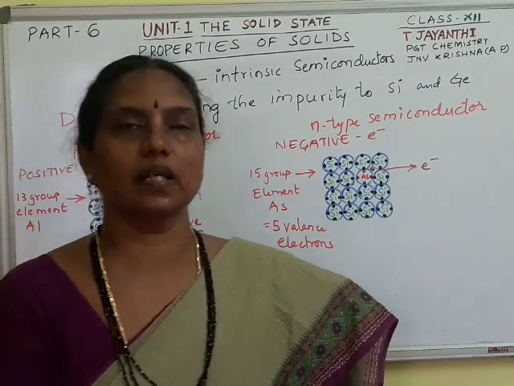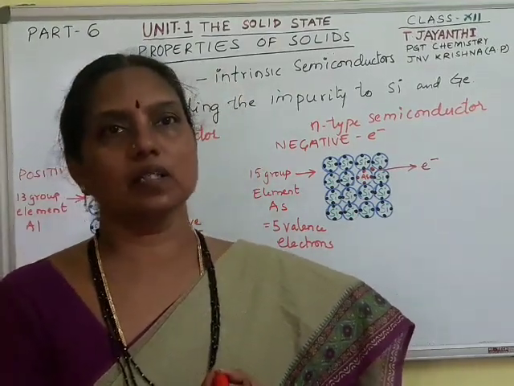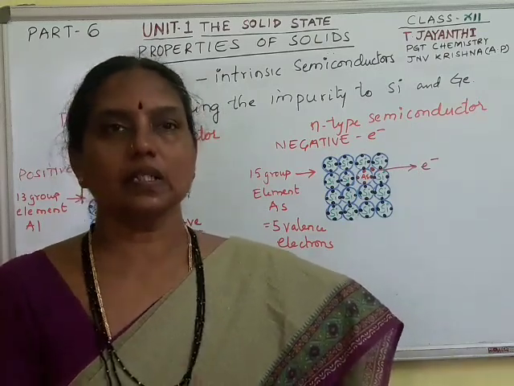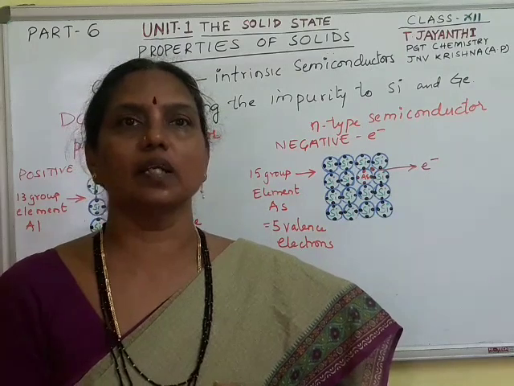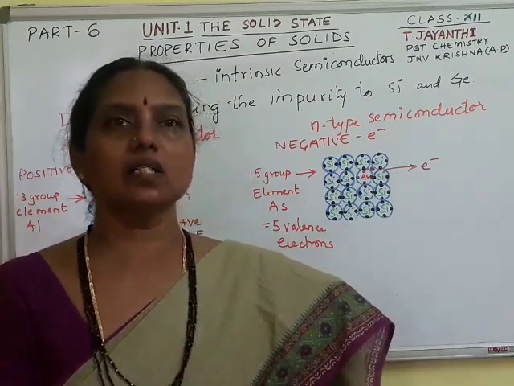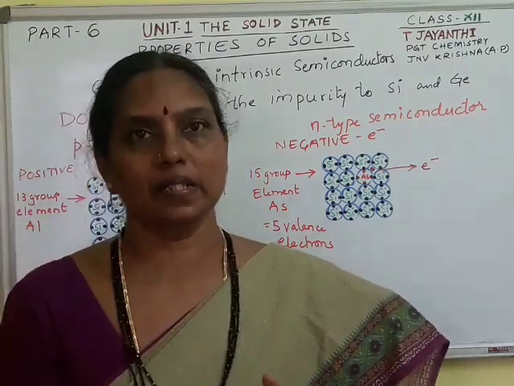They are used in diodes, in transistors, and in amplifying sound also. Semiconductors increase their conductivity on increasing the temperature, because on increasing the temperature the electrons can be excited from the valence band to the conduction band easily.